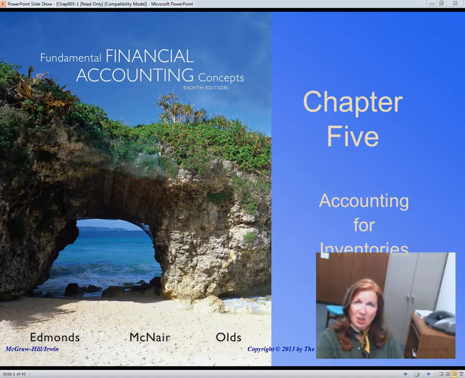So at the top of page 277, they show you how to use FIFO, LIFO, and weighted average every time you make a sale, and then calculate that ending inventory. So again, you want to look at that detail, and this would be the way the first half of chapter 4 was presented to you for perpetual inventories.